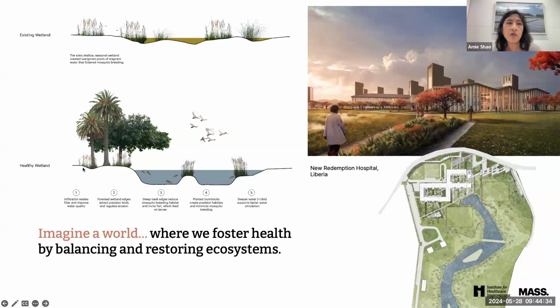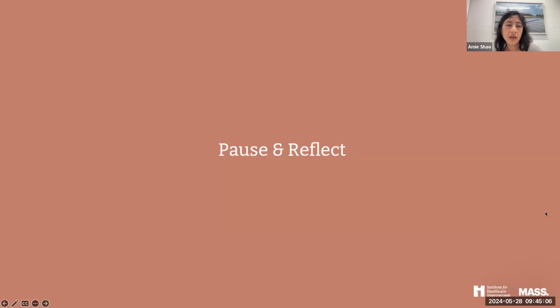So by improving the wetland ecology, making steeper banks and really trying to bring back a healthy ecology to this site, which was connected to a broader regional wetland system, it's important for not only the health of this local ecology, but also influences human health when you're able to restore that balance and mitigate things like mosquito-borne illnesses. So stop here.